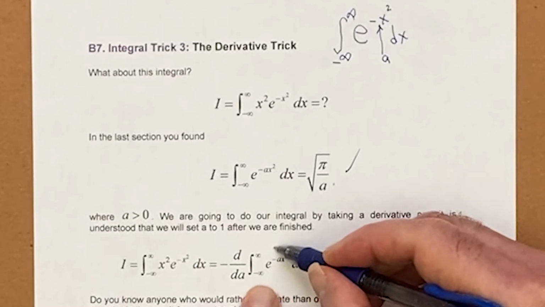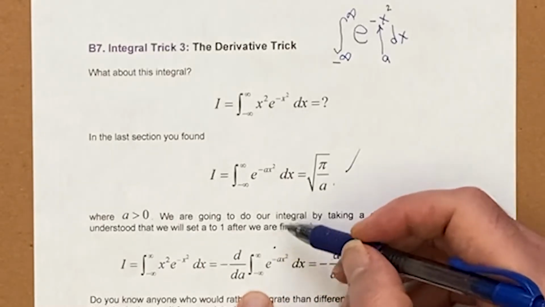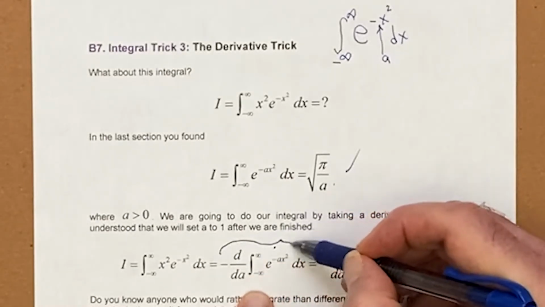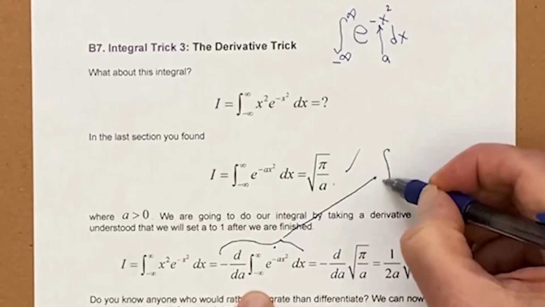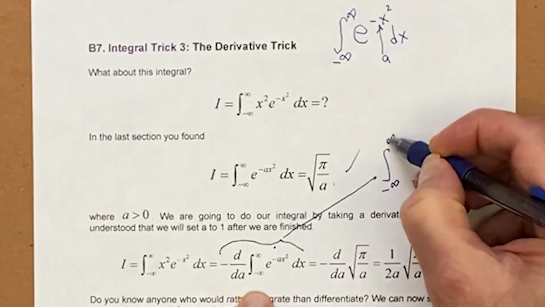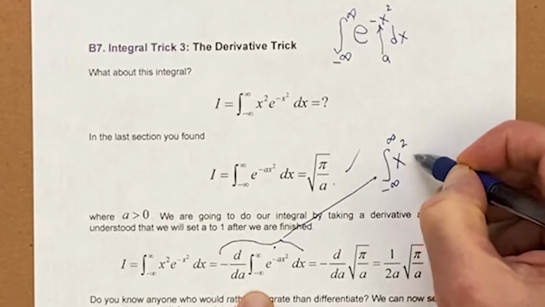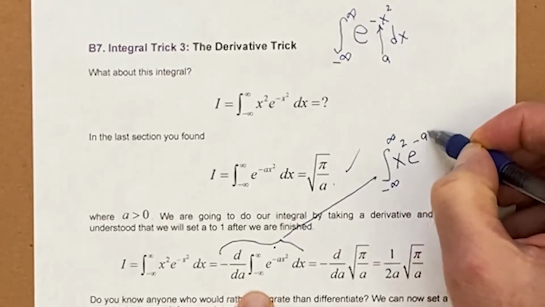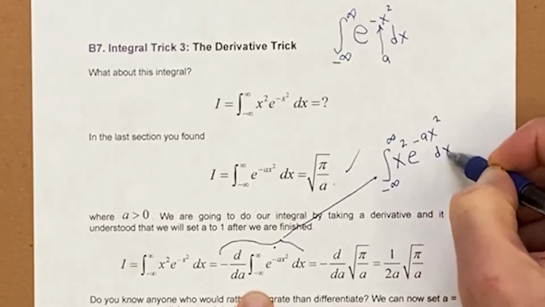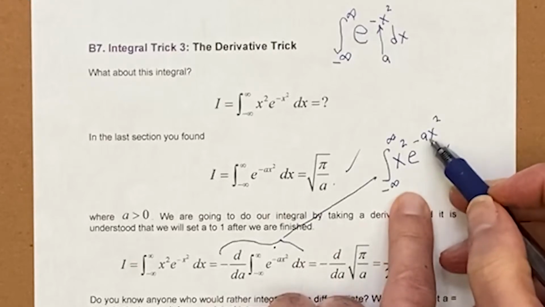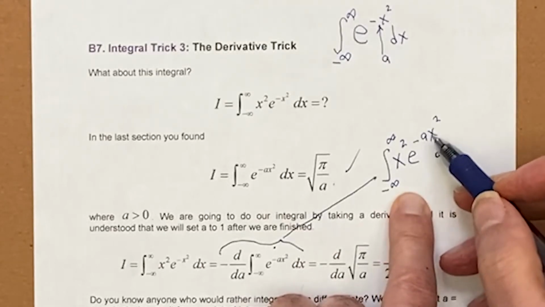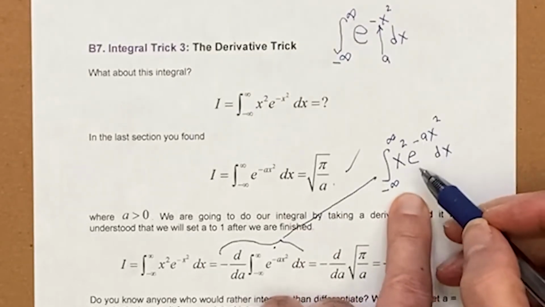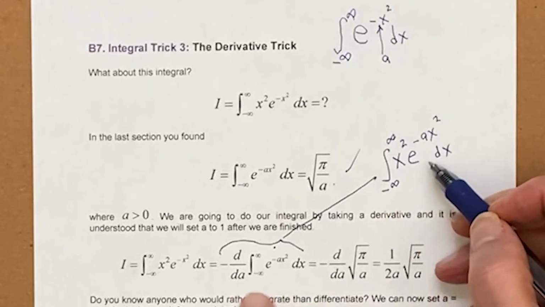So let me go ahead. If you do this, you will get the integral where you pull down the x squared. And that's the integral I want to do, where a is equal to 1. You always set a equal to 1 at the end. So I want to do that integral.